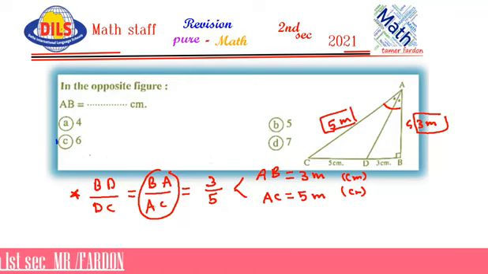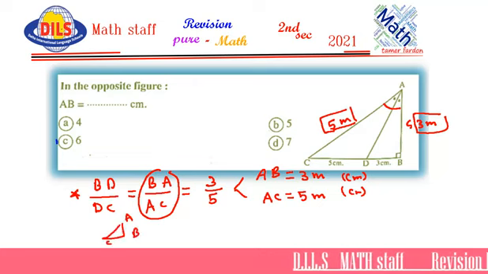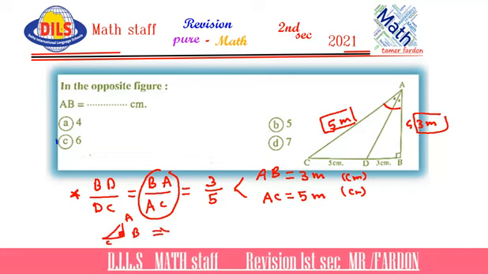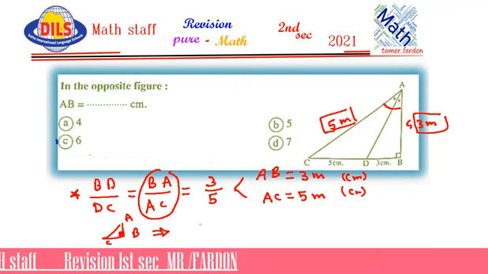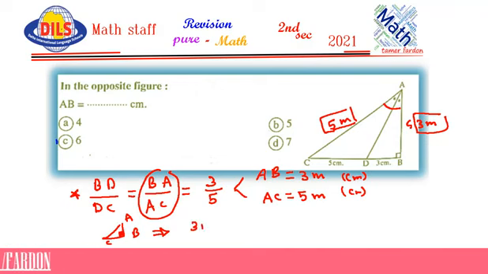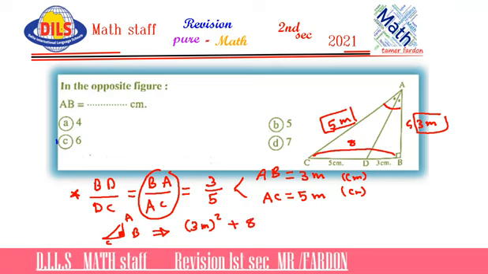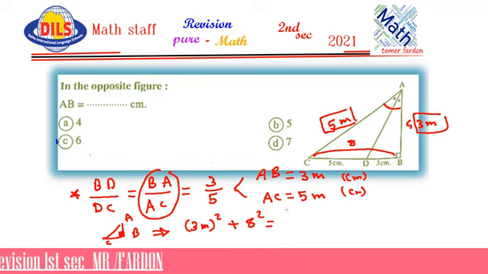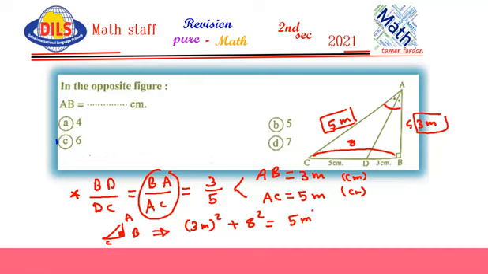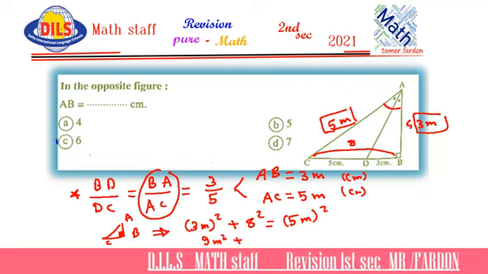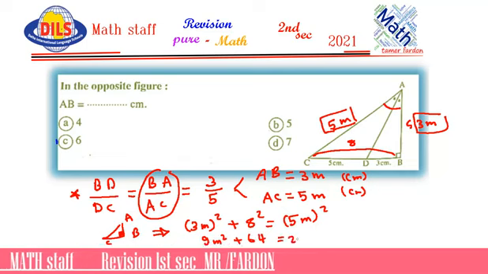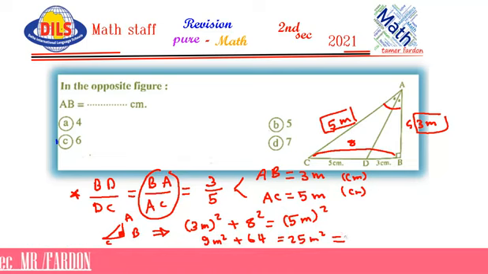Since ABC is a right angle triangle, right at B, from Pythagoras theorem we get AB power 2, which is 3m power 2, plus BC power 2, which is 8 power 2, is equal to AC power 2, which is 5m power 2. So 9m power 2 plus 64 equals 25m power 2.